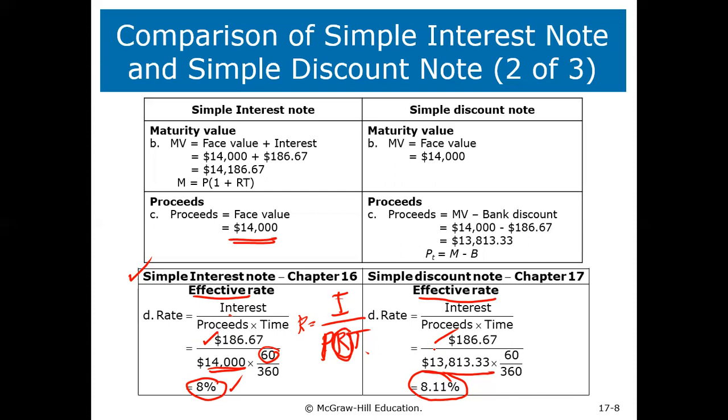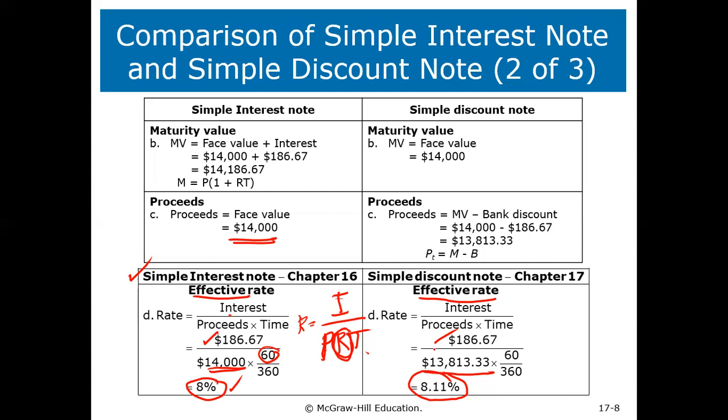If they get the interest now, they can use that elsewhere and invest it also. That's why the simple discount note has a higher effective rate, and lenders would, of course, prefer that. On the other hand, borrowers would prefer a simple interest note.